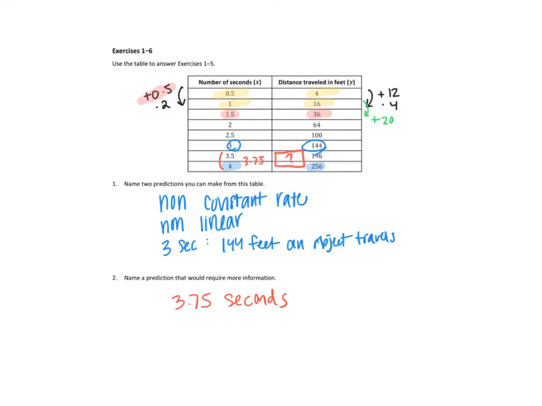So at 3.75 seconds, how many feet? Those are some things that I can predict from this table, and things that I cannot predict from this table. Okay, we're going to continue with number 3 on the next slide.